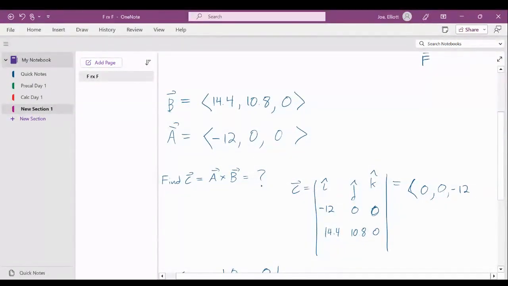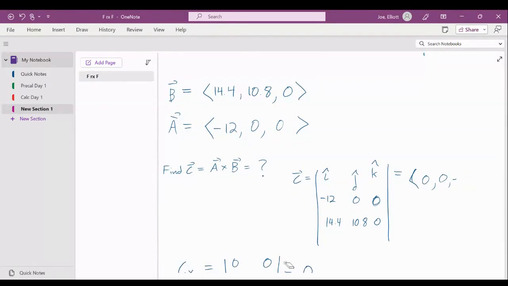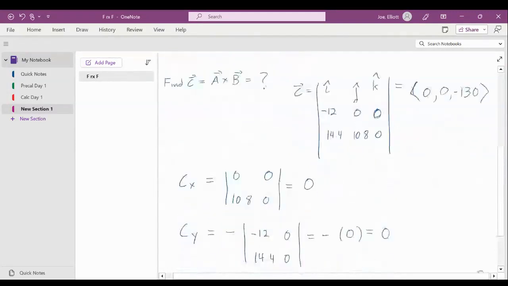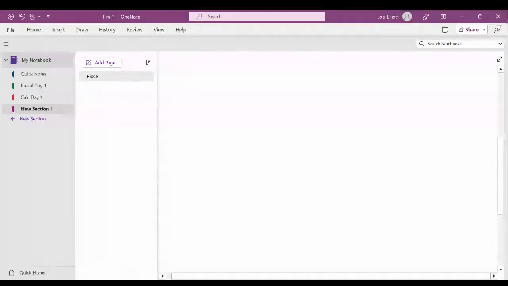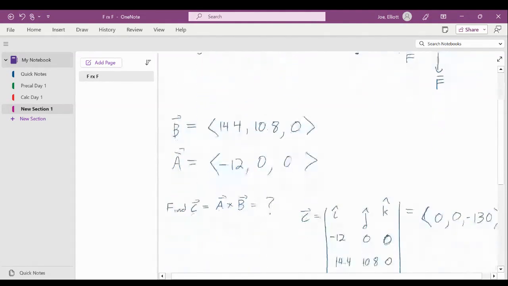It was something like 129.6. And now, ultimately, what is this? Negative 12 times 10.8. It's pretty close to 130. I'm just going to call it minus 130. And what happened now? Okay.